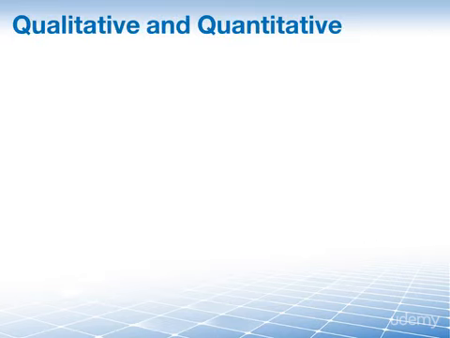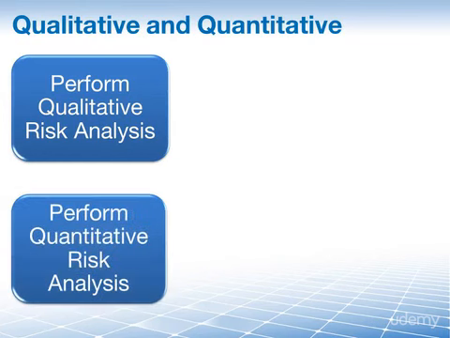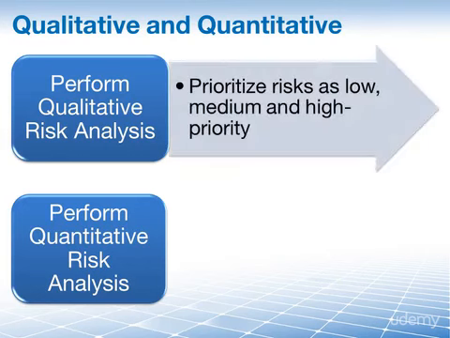Let's continue this lesson by explaining the primary difference between the processes of perform qualitative risk analysis and perform quantitative risk analysis. So, in project risk management, you need to first perform a qualitative risk analysis in order to classify that big list of risks and then score each risk in terms of probability and impact, and generally classify your risks as low, medium, and high priority.